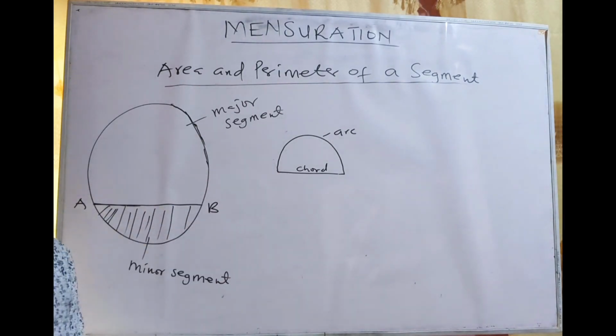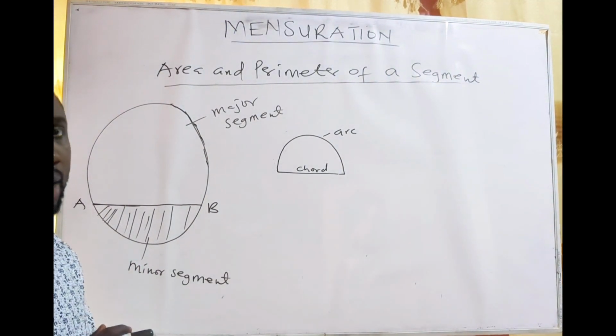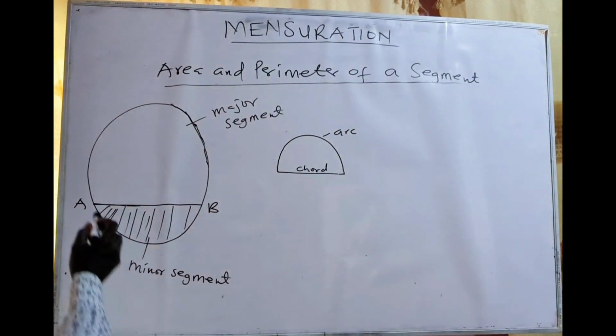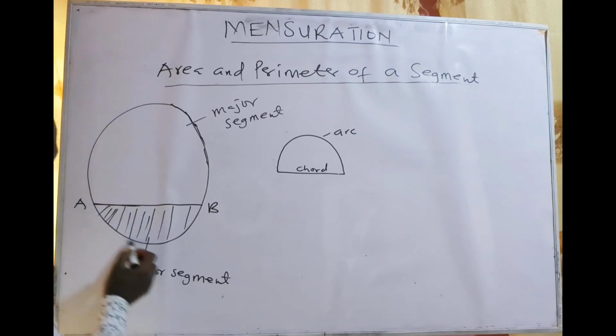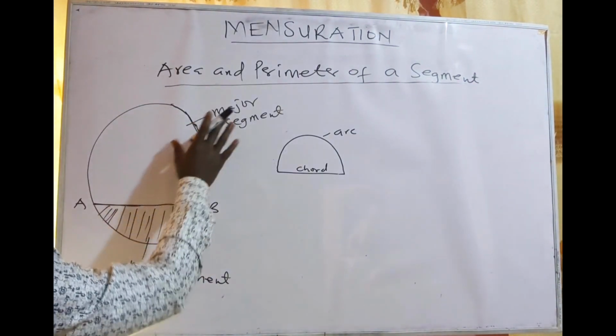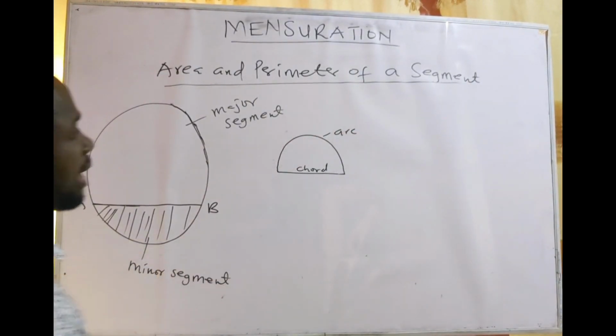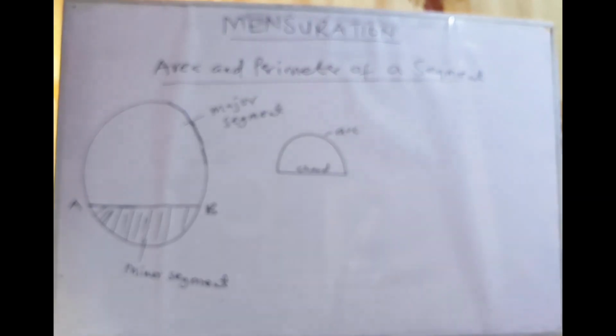What is an arc? An arc is also a portion of the circumference of the circle. When I just have a portion of the circumference of a circle, then it is an arc. So this is my chord, this is my arc, and this is my chord, this is my arc for the major one. This can be a typical example of how a segment is.